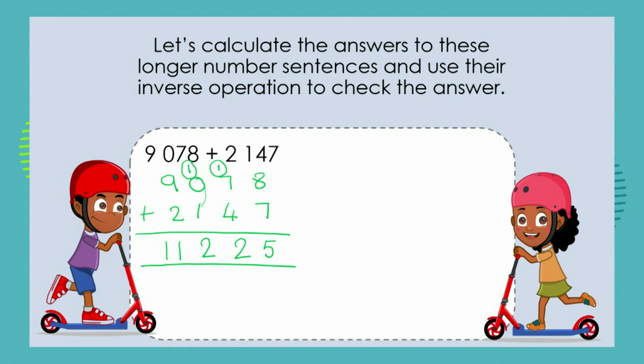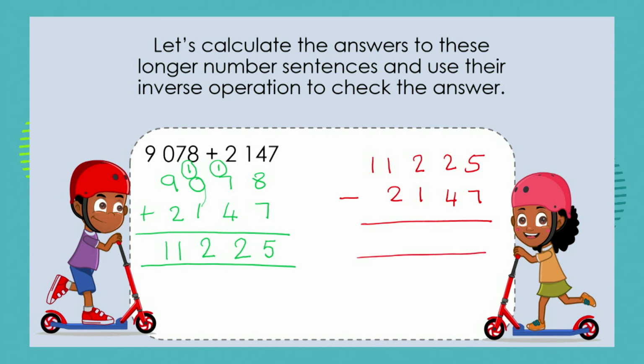So we take 11,225. We minus one of the other numbers, let's say 2,147. Let's complete this sum.